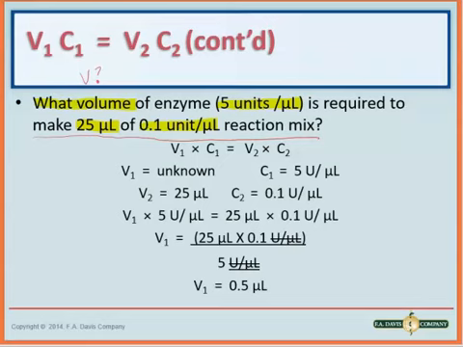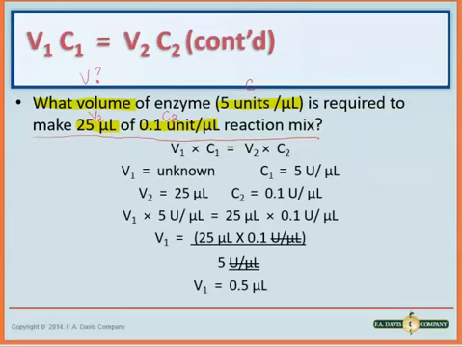When we're looking for concentration, it's usually going to be in units of or percentage of. So this is going to be our C2. And our volume is going to be the 25. So this is V2.